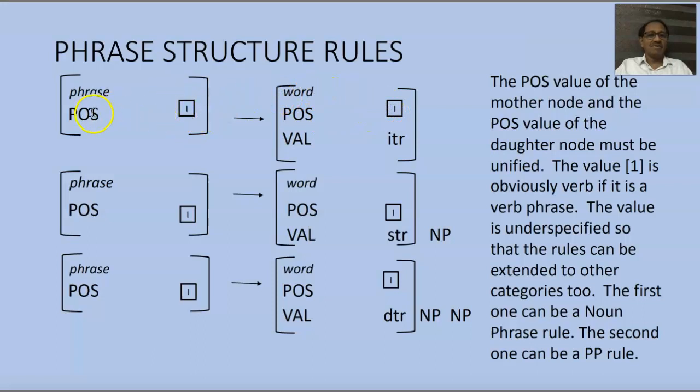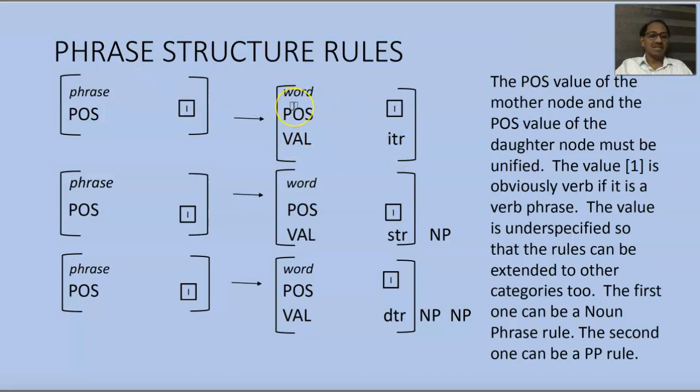The POS value of the phrase is shared with one of its daughters. If you are looking at it in terms of tree, this is a mother node and this is a daughter node. Similarly, this is a mother node and this is a daughter node, and NP another daughter node. So the POS value of the phrase and the POS value of the daughter node are identical, and valence is intransitive.